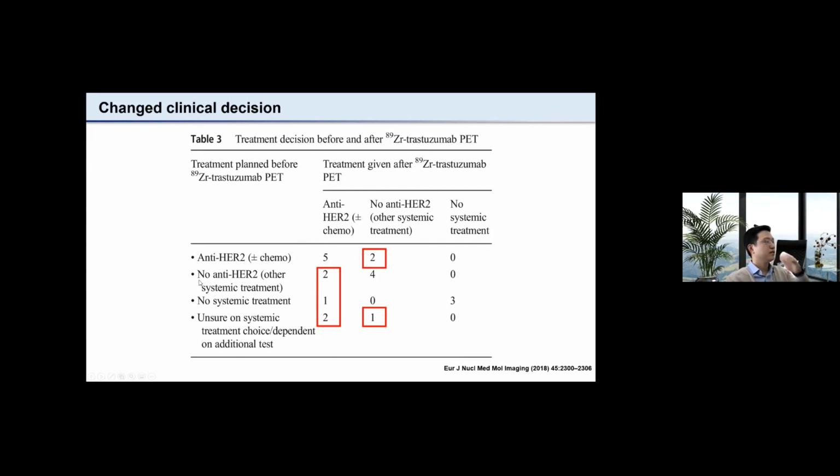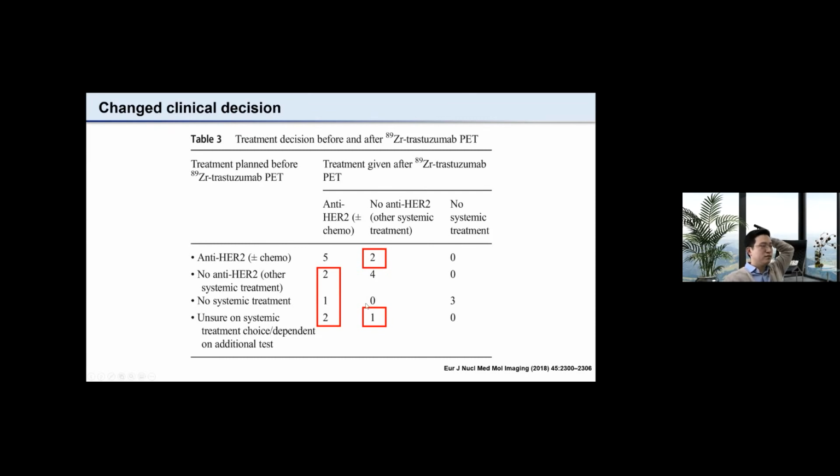And then initially they planned to not give anti-HER2 in 6 patients, but among those 6 patients, 2 were able to receive HER2 targeted therapy according to the finding of HER2 PET.